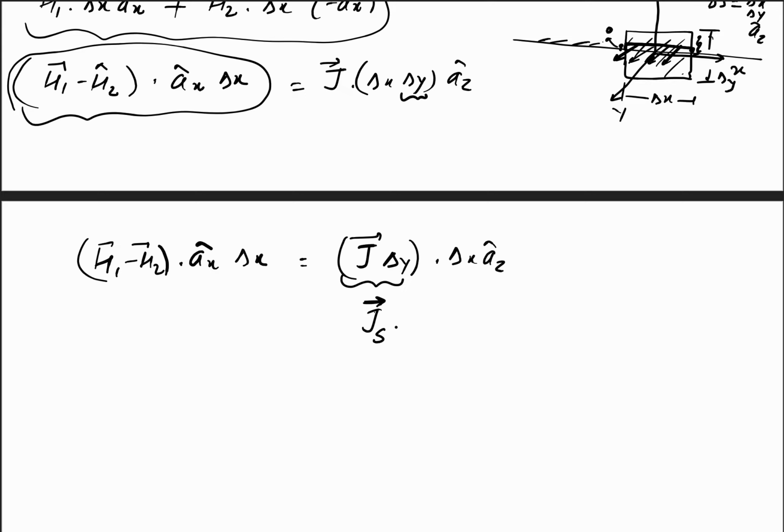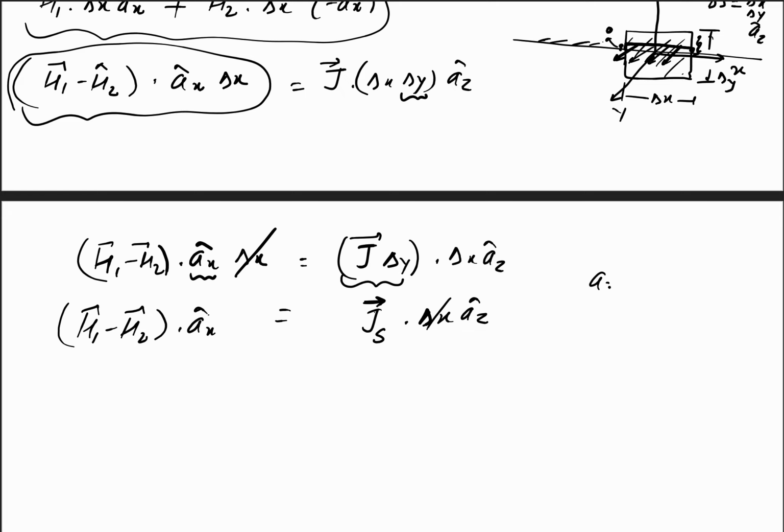So this Js will be there, delta x az. Now we need to somehow bring az to this side also. Delta x will get cancelled out, so we have H1 minus H2 dot ax. Now we have to somehow bring az so that we can equate both sides.